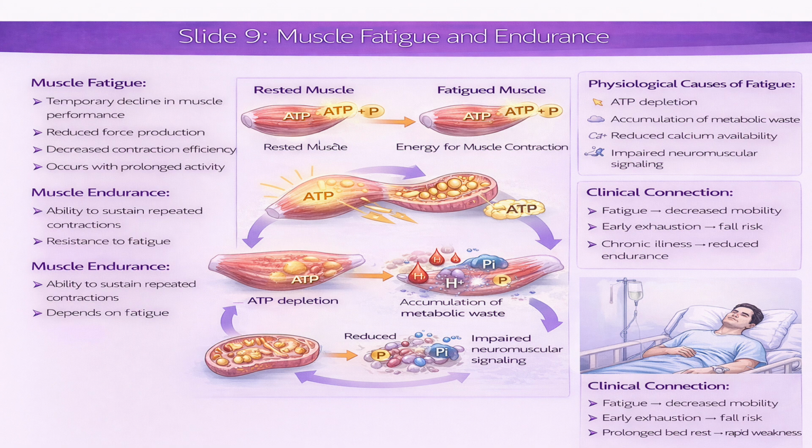In summation, muscle fatigue and endurance directly influence patient safety, recovery, and quality of life. By recognizing early fatigue and supporting endurance, nurses prevent complications and promote functional independence. In the next section, we will examine how muscle function relates to major muscle groups and clinical assessment.